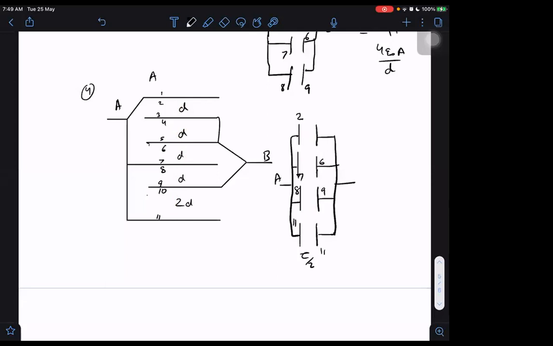Even if you draw it accidentally, let us say you don't notice this the first time, connect together, you will soon understand that it is not forming capacitance. So now this is C, C, C, and it is C by 2. 3C plus C by 2 will become 7C by 2.